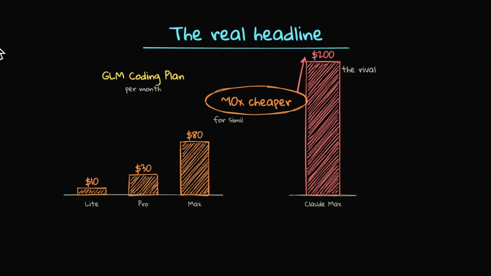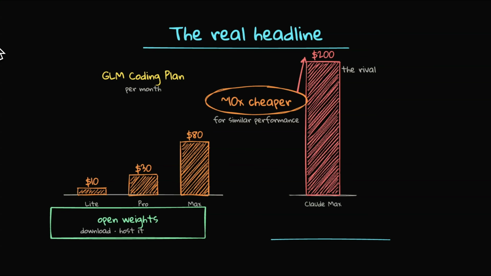But even if you're not using the GLM coding plans, you have quite a few options when it comes to this model, because there are US-based hosting solutions providing inference. Or if you have enough compute, you can simply host this model yourself, but you will need a few H100s for that. So being open weight, this gives you a lot more flexibility and you are not tied to a single provider.